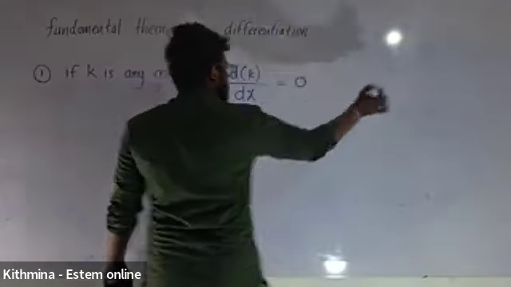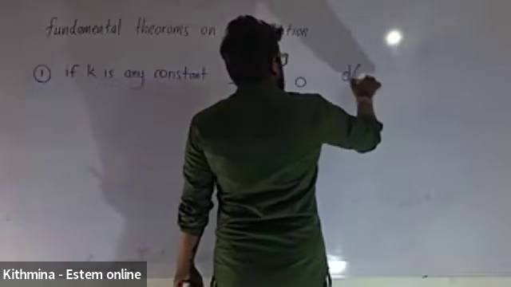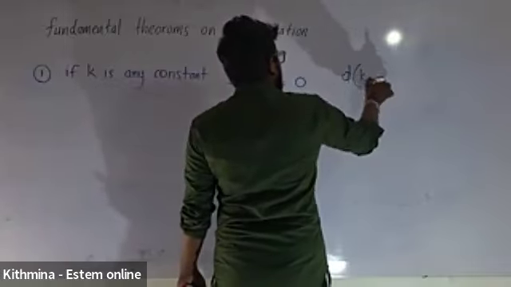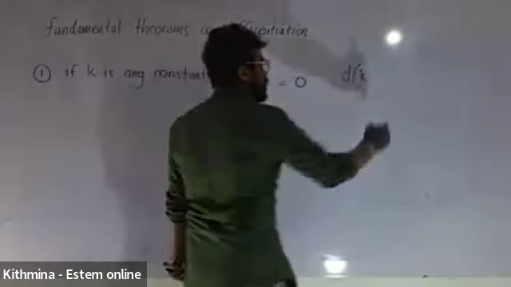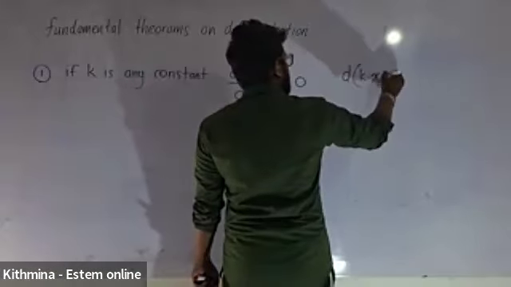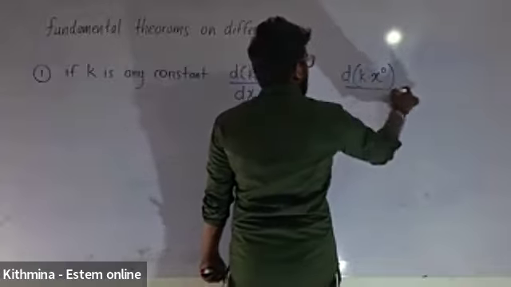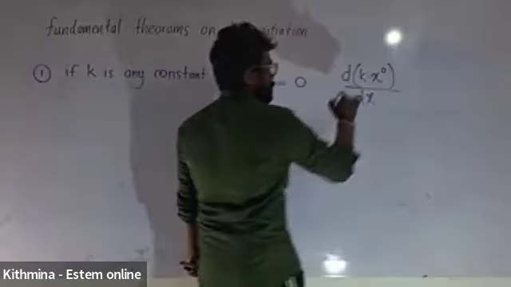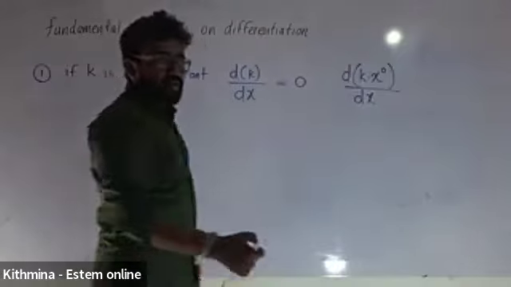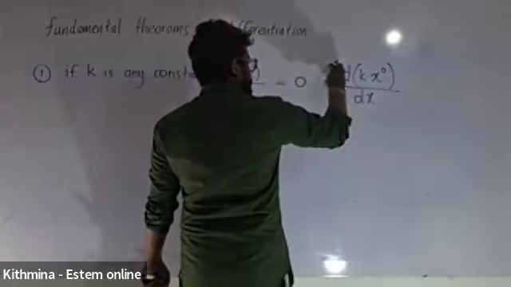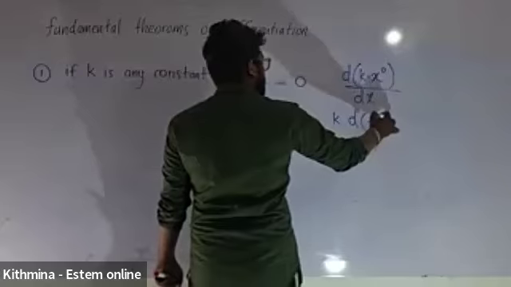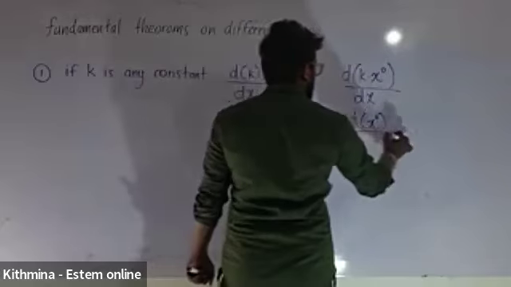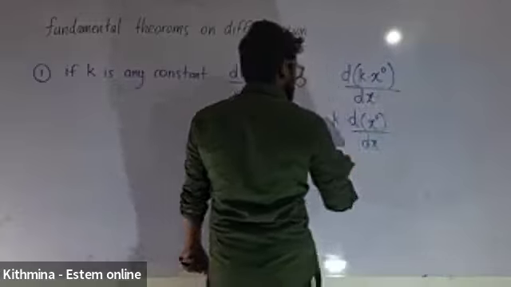How does it become zero? See, the meaning of differentiating a constant means differentiating this. We can pull out this k here, then the differentiation of x to the power 0 with respect to x.